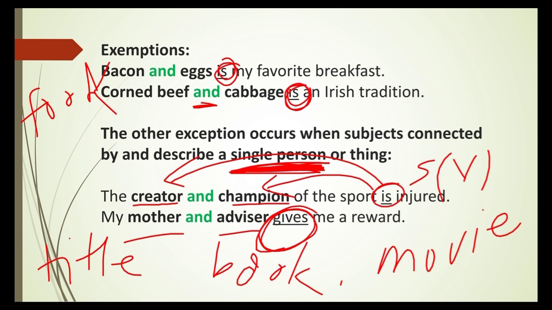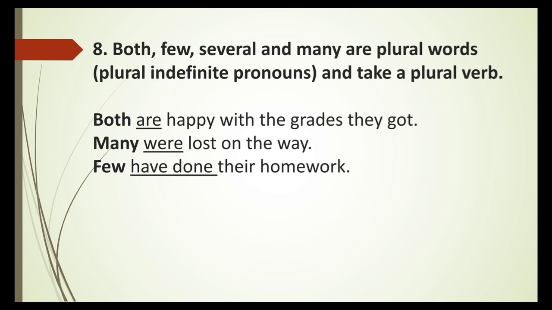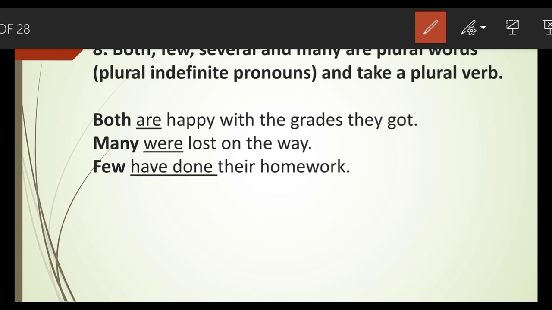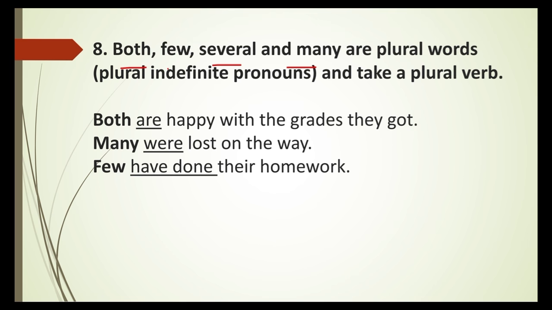So, ang indefinite pronouns ay may singular and plural form. So, kanina yung 15 na binigay ko, eto naman, I will just give you, how many? 4 lang yan, no? Both, few, several, many. Yan, both, few, several, many.